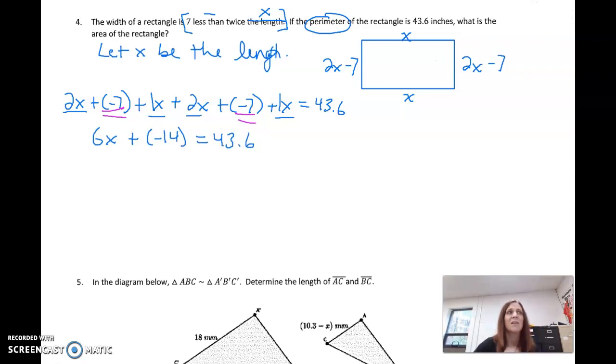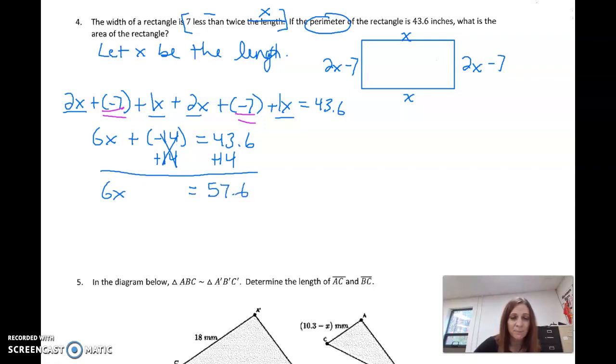Hopefully this is starting to get a little easier because we keep doing the same things over and over. Solving for x term, speaking of doing things over and over, we got to get rid of this negative 14. What can I combine with a negative 14 to make it go away? A positive 14. Whatever I do to one side, do to the other. 6x, that adds to 0, equals, let's see, 57.6.